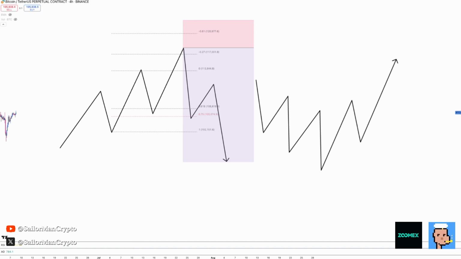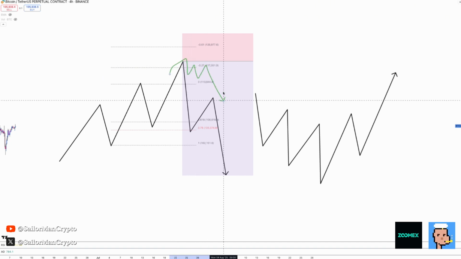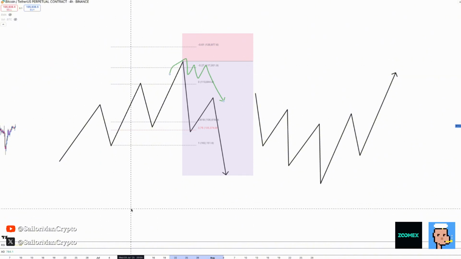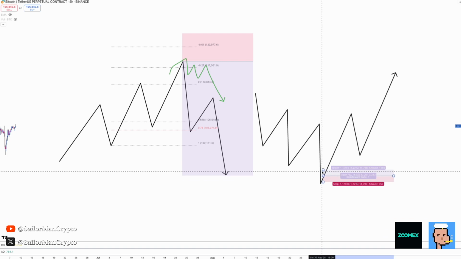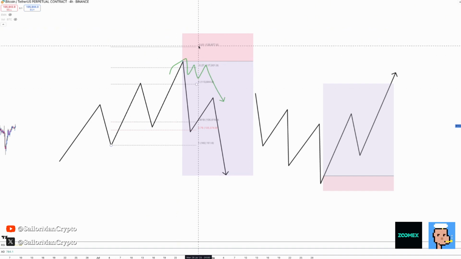You can also wait here for some local structure to break, some local small structure to start to break, and then to have an easier entry and invalidation according to this small structure.